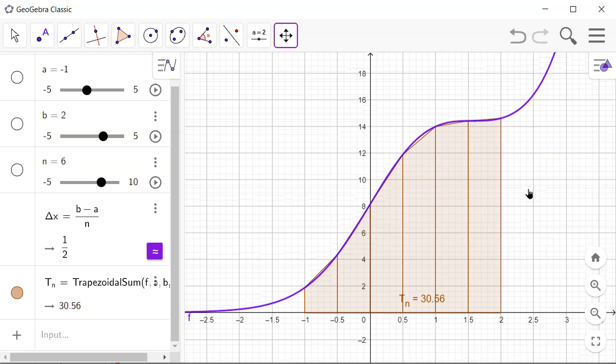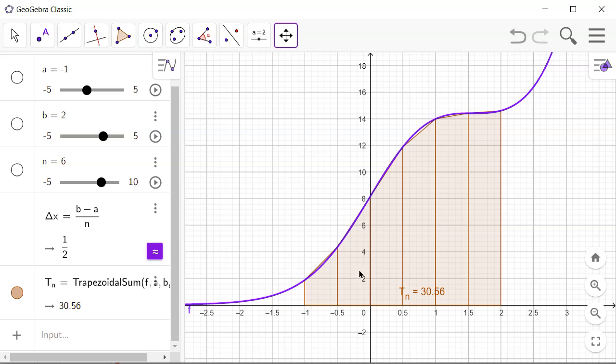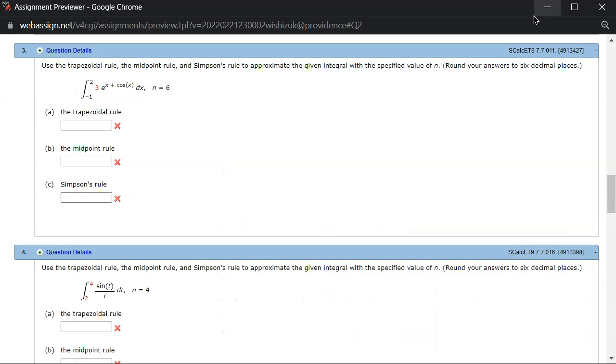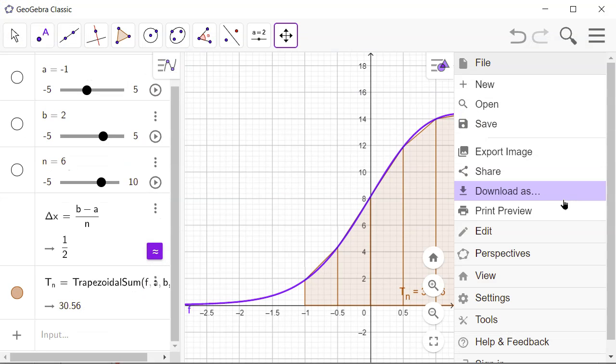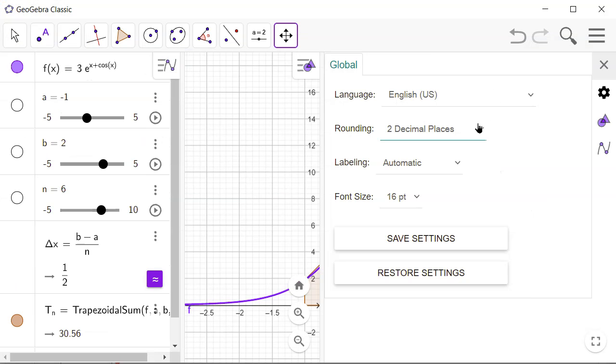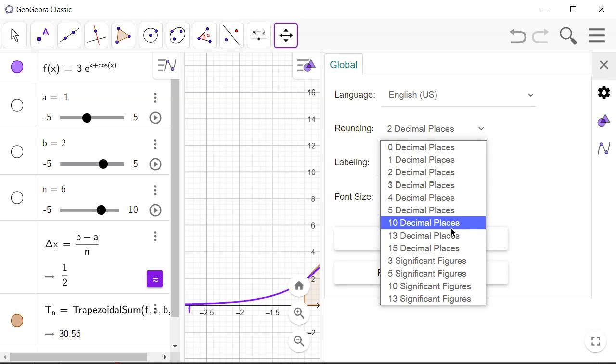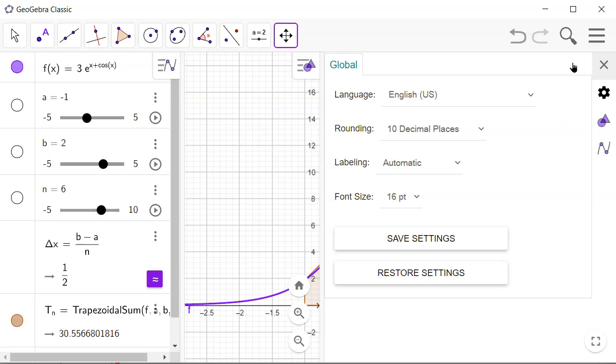So you can see this is the trapezoidal rule, and you get the value here. I think they want 6 decimal places, so I have to change that. Go to settings, and there's no 6, so I'm going to use 10. Then close that.